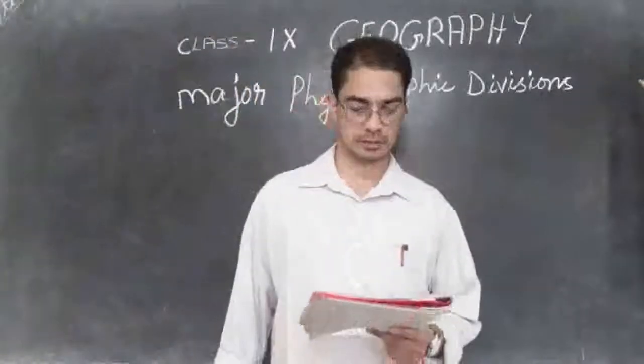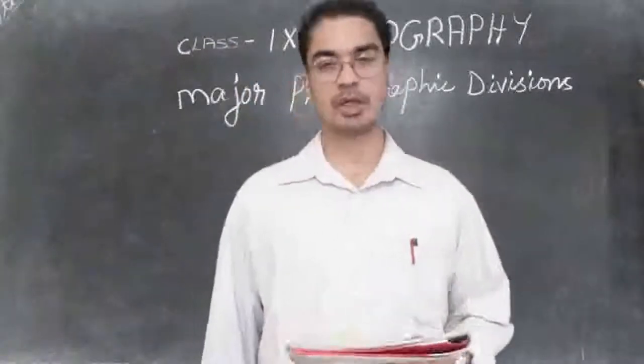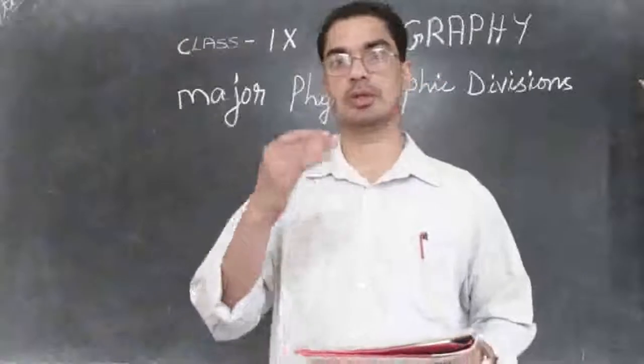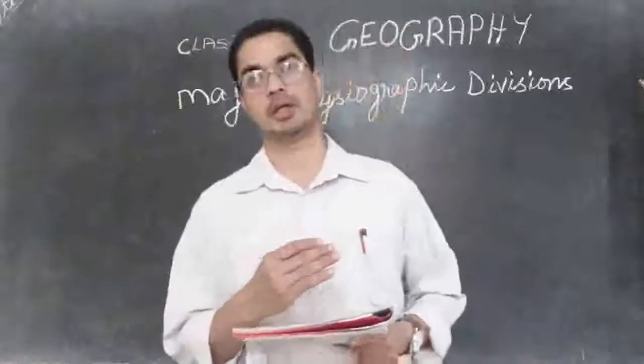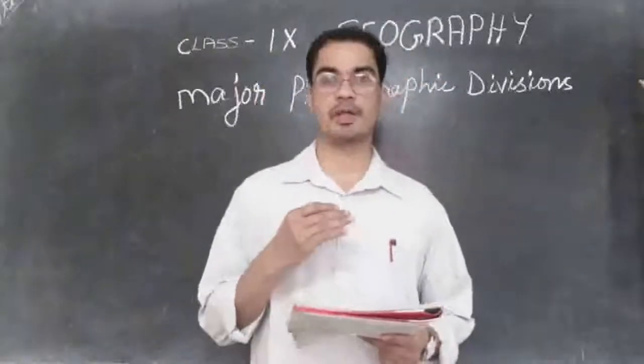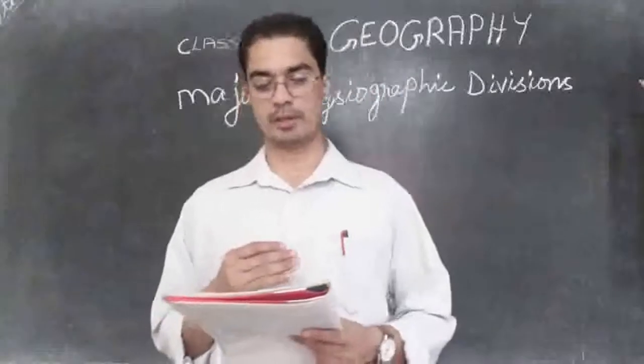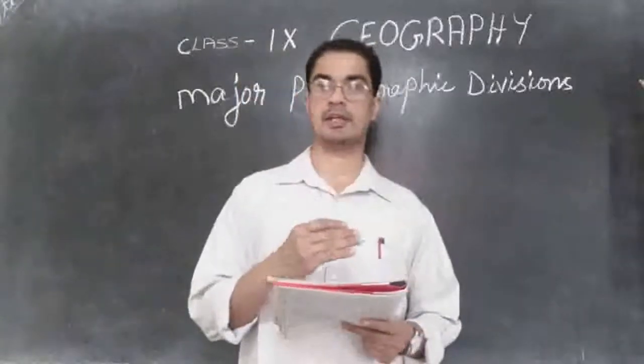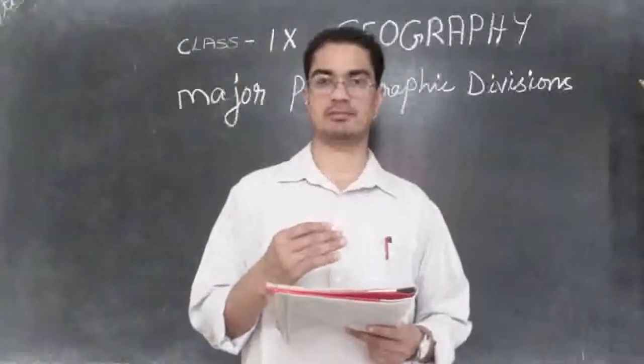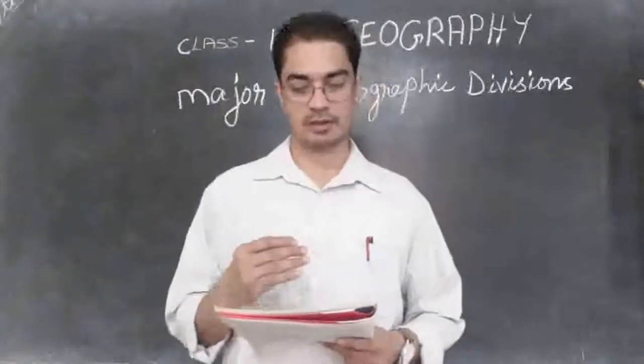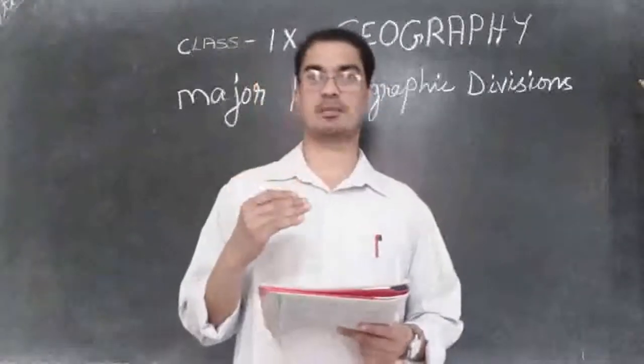Then the third group is the peninsular plateau. Below the northern plains we have the peninsular plateau. Then comes the Indian desert. Then comes the coastal plains.